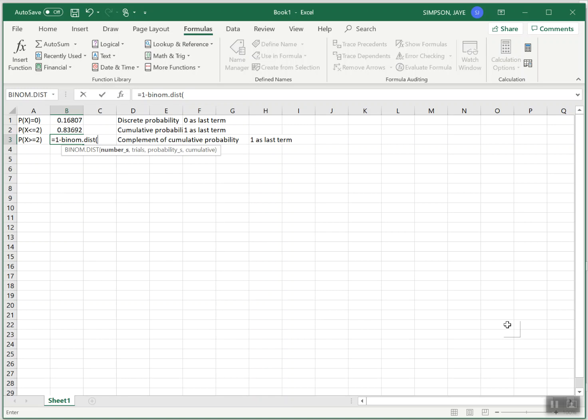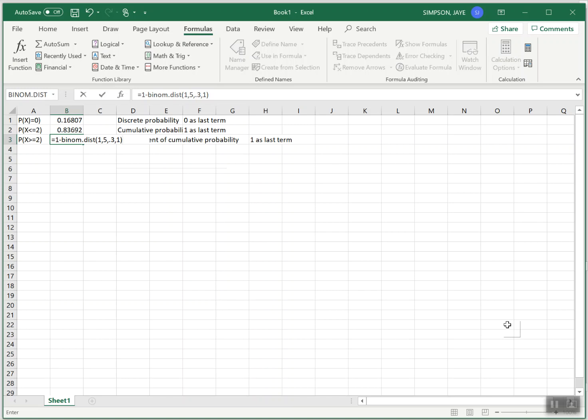So my first term here, the number, is 1. I want to know the probability that 1 or less out of 5 trials, remember my probability of success is 0.3, and then again I'm going to put a 1 in the last term because it is a cumulative probability. So pay attention here, because I'm looking at a greater than or equal to, I have to really look for the complement.